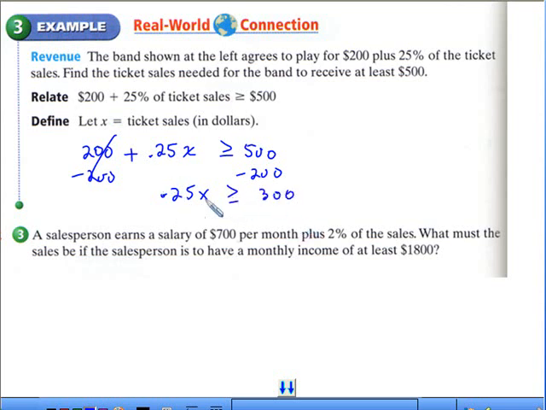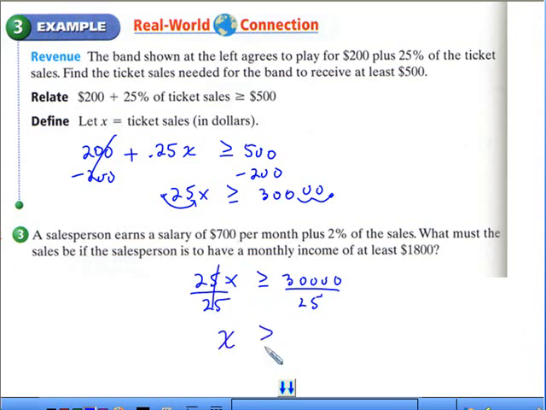Let's make this a nice whole number. So let's move the decimal 2 times to the right. 1, 2, so we're going to have to add 2 zeros. So basically the problem becomes now 25x greater than or equal to 30,000. And just divide both sides by 25.